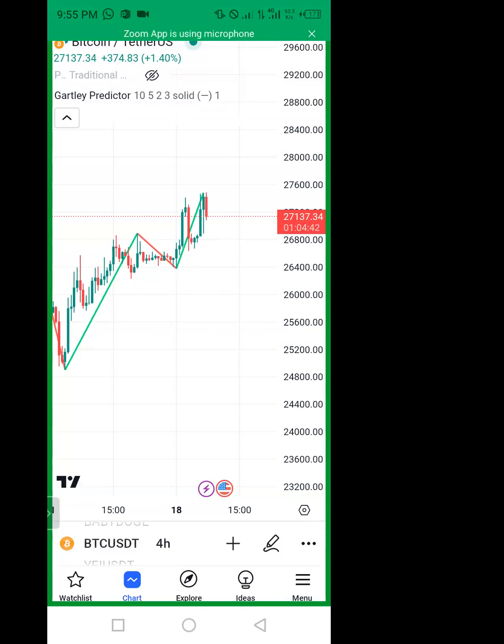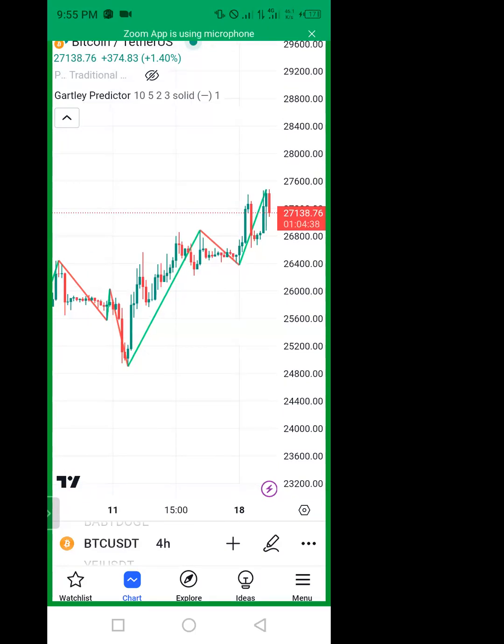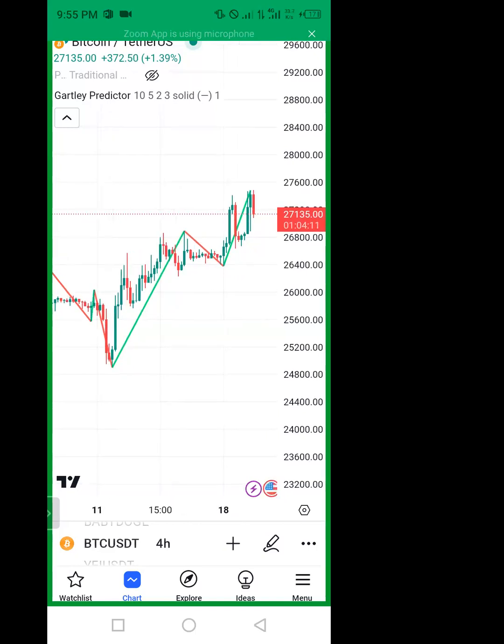So if you see the coin moving up, no matter if you see red candles being formed on the way, don't get worried that the upward movement has ended until you see a green line has been drawn. The moment it has been drawn, know that the upward movement has ended and now we are going to a downward movement. When that is done, you will see a red line being drawn.